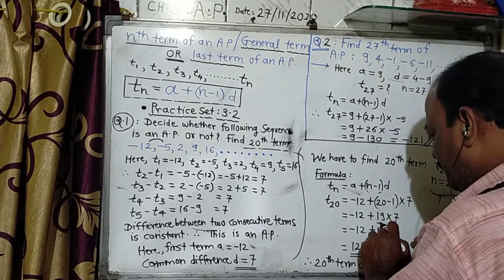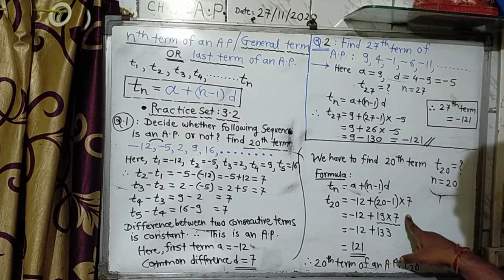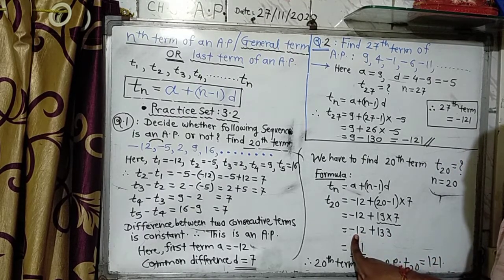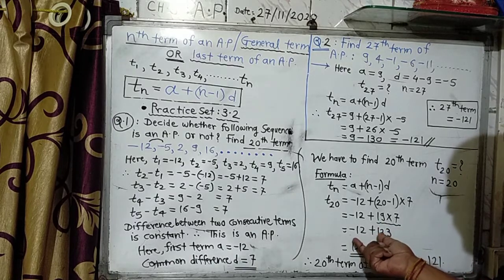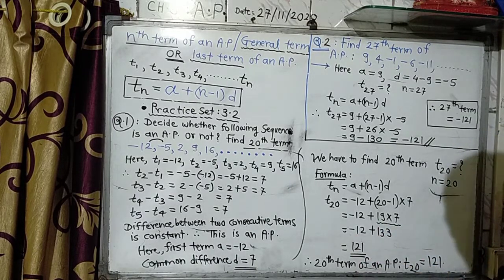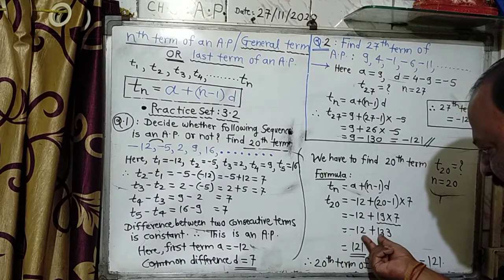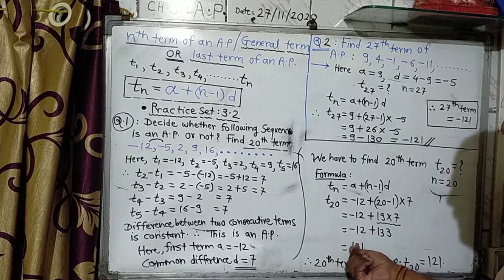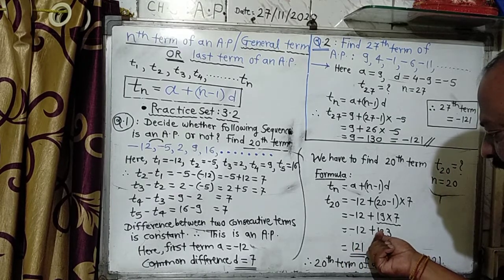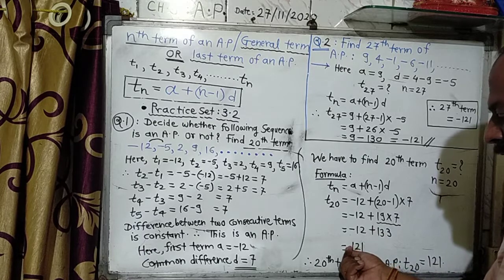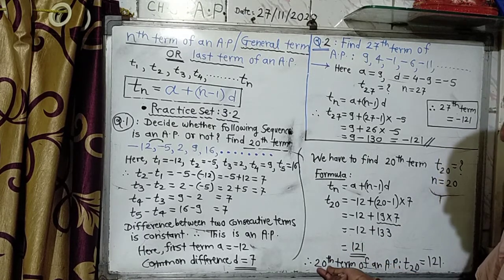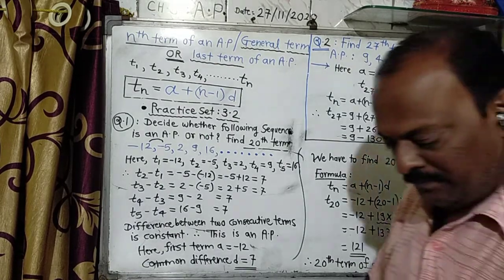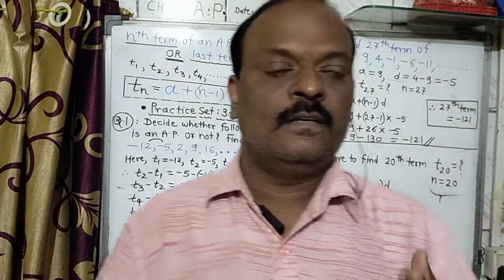First multiply: 19 into 7 is 133. Minus 12 plus 133: different signs, so subtract, 133 minus 12 is 121, and the greater number 133 is positive. Therefore the 20th term of the AP is 121.